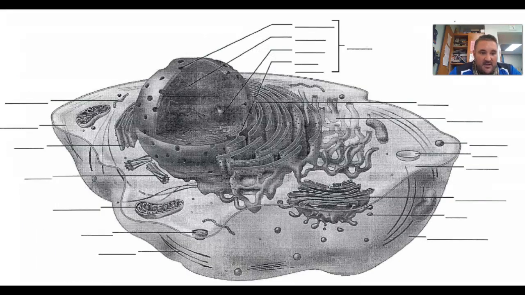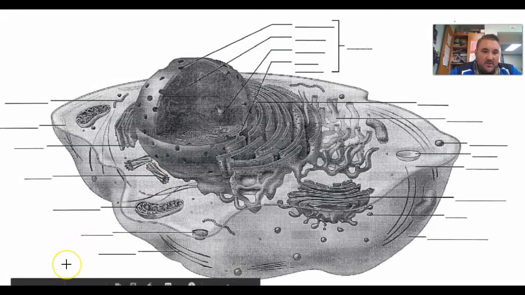Now, mitochondria are kind of easy to find on here. Our mitochondria look like jelly beans with squiggly lines inside. They're always cut in half. Then you have this inside here where all the reactions are occurring. So that is our mitochondria.